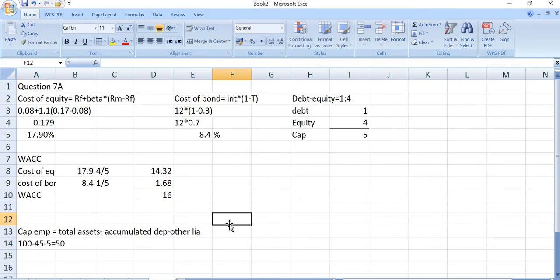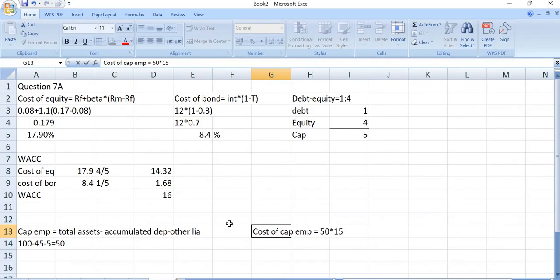So cost of capital employed is equal to 50 lakhs we have into 16 percentage. So 50 into 16 percentage, we will be getting 8 lakhs. So my cost of capital is 8 lakhs.